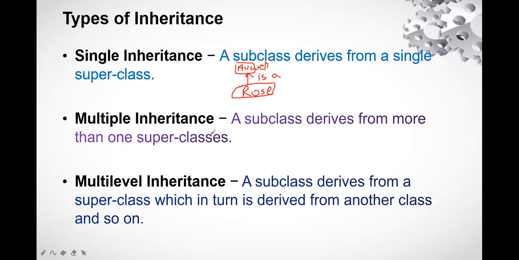Multiple inheritance defines that a subclass derives from more than one superclass, right? We have a subclass which can be derived from more than one superclass. So how can it be defined? Let's say we have a class that is birds.